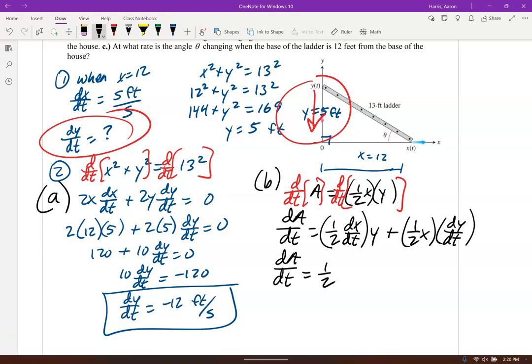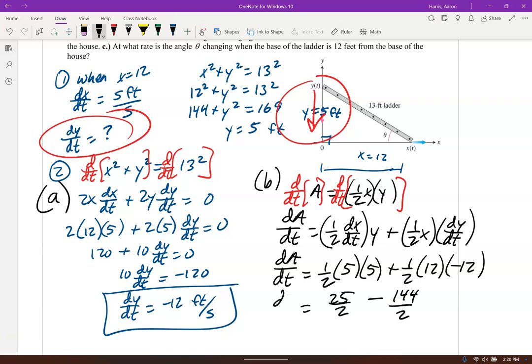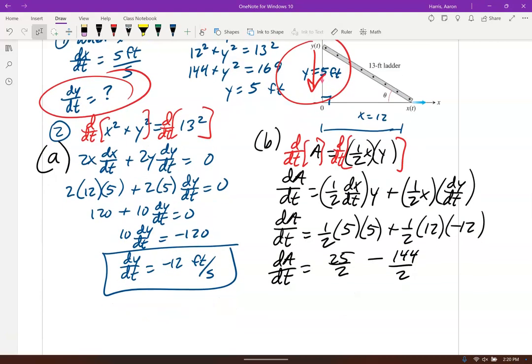So we got 1/2. Our dx dt, what was our dx dt? 5. Our y was 5. Our x was 12. And our dy dt we found was negative 12. And so it looks like we have 25 over 2 minus 144 over 2. And so this is in square feet per second, by the way.